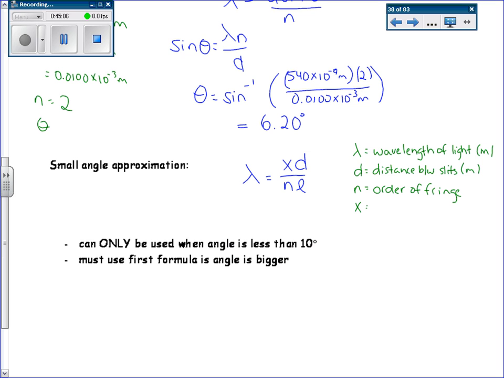X is the distance from the central fringe to the fringe you're investigating, that's in meters. And L is the distance between the screens.